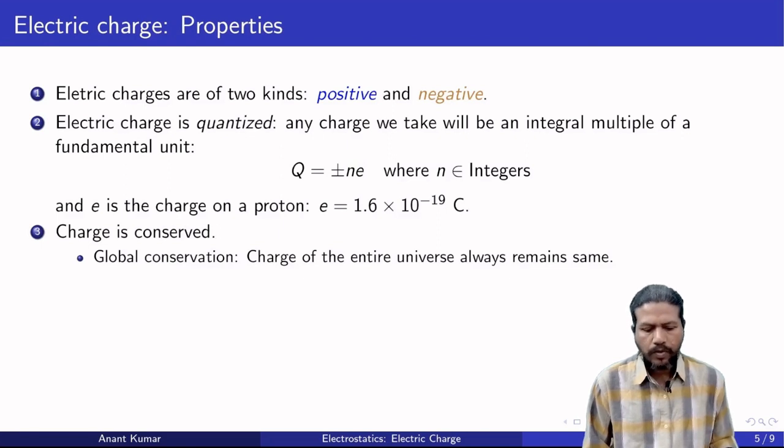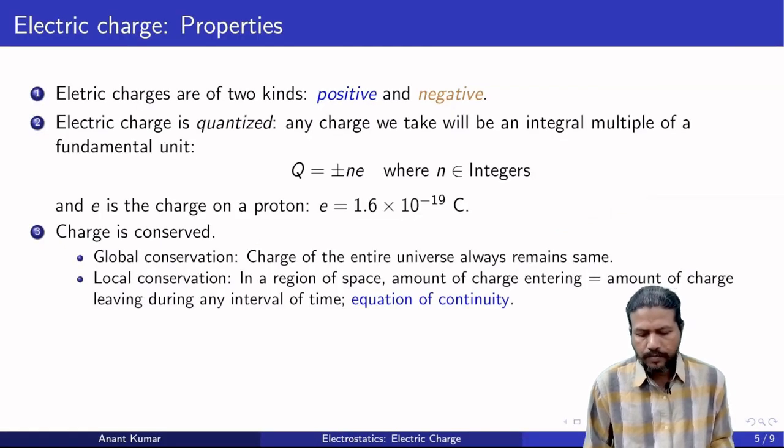If the proton has gone from one place to the other place, it should have gone by means of a continuous path. So this particular idea is referred to as local charge conservation.